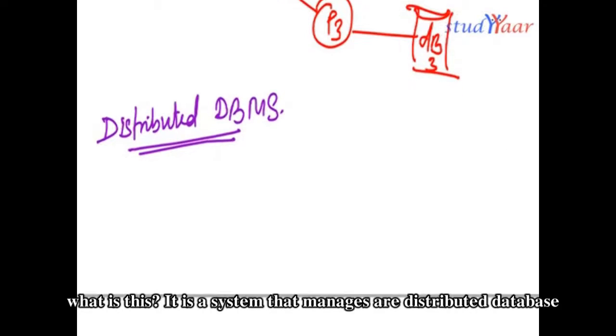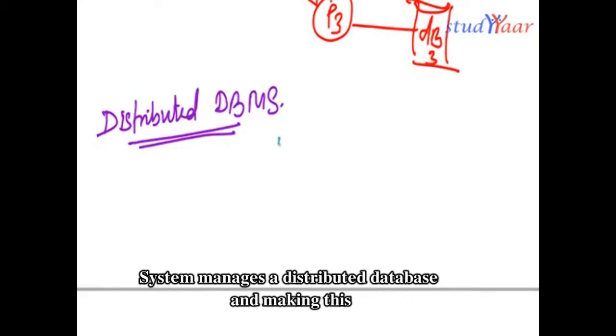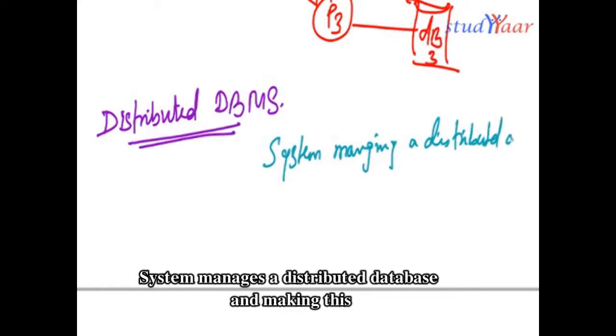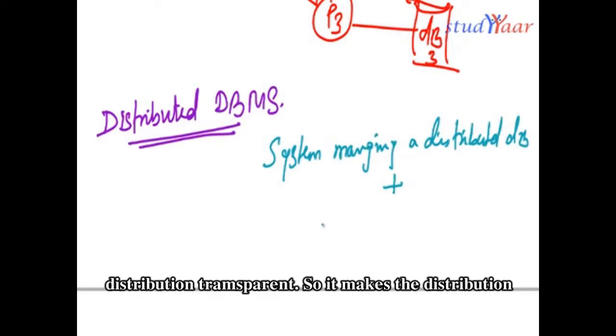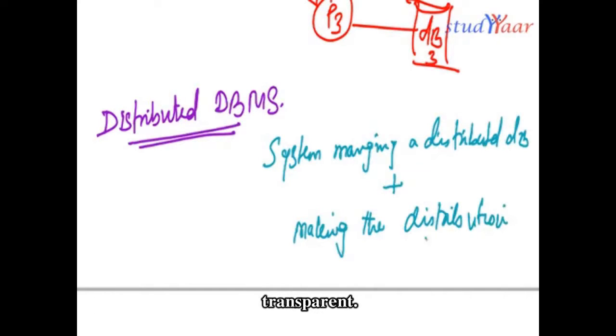It is a system that manages a distributed database and makes this distribution transparent. What is the meaning of this phrase, making the distribution transparent?